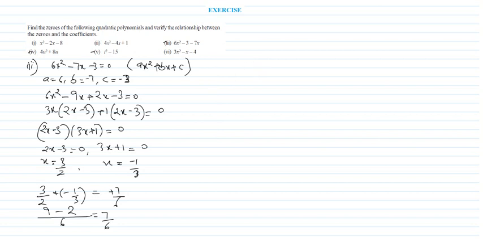Now we will try to find the product of the roots. So alpha we have just found is 3 by 2, and beta we have already discovered is minus 1 by 3.